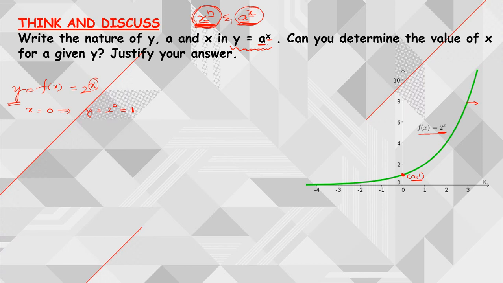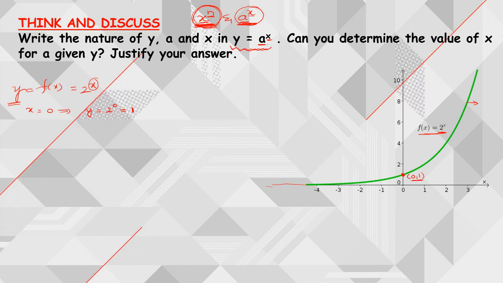And one more thing you need to remember: my exponential graph will never touch the x axis. It goes on to infinity but it never touches my x axis. And one more thing you can observe from this graph: the graph is completely above the x axis. So what does it mean?